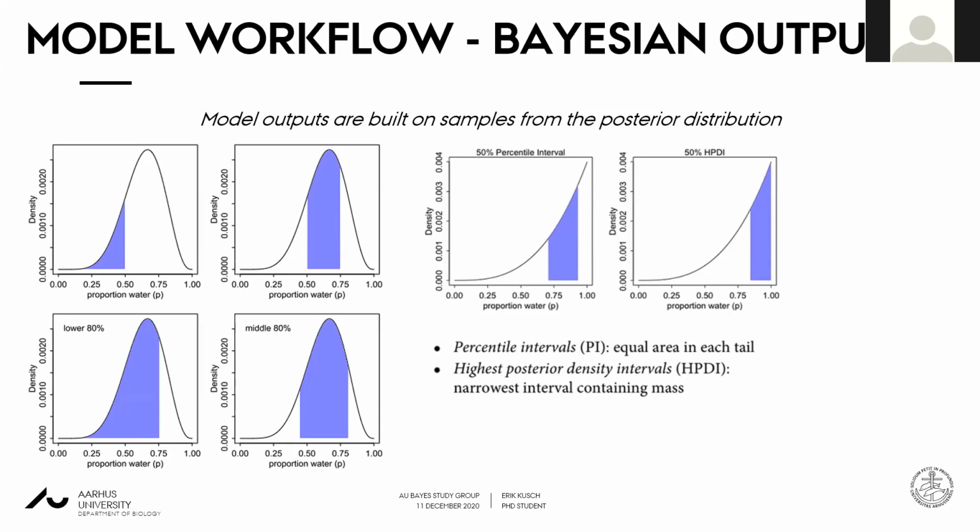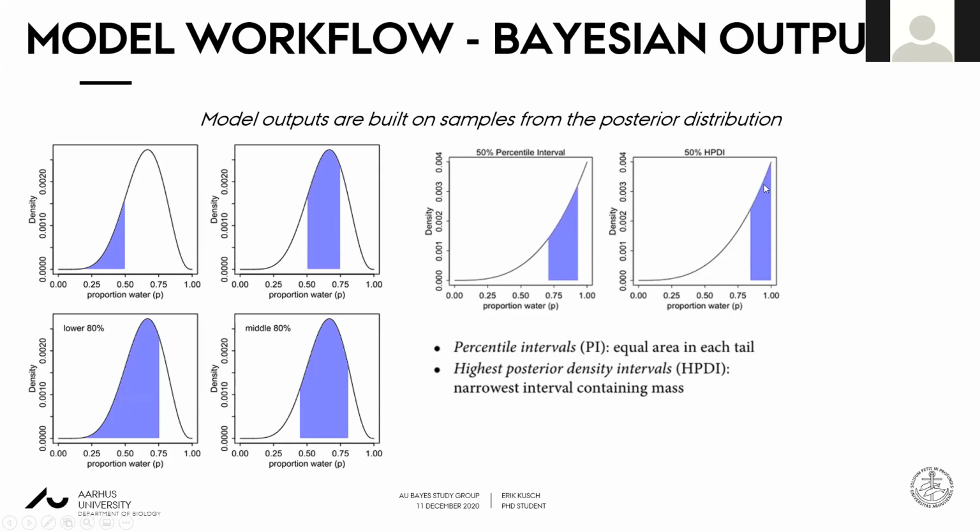Another thing we could do is to look at the highest posterior density interval, HPDI, which is the narrowest interval that contains the specified area, or as McElreath puts it, mass that we want. In this example right here, which I find very nice for looking at this, the point with the highest density or the highest probability isn't actually covered by the percentile interval, but is covered by the HPDI.